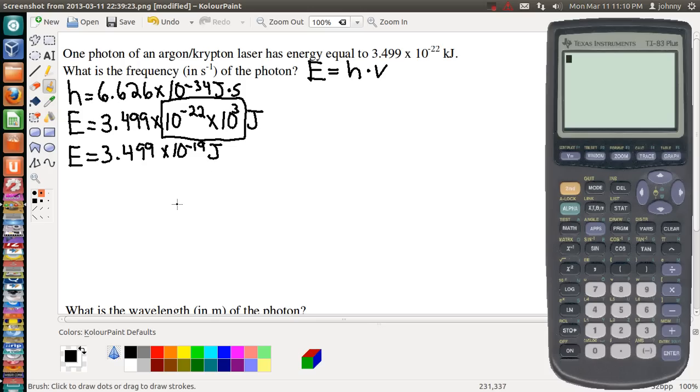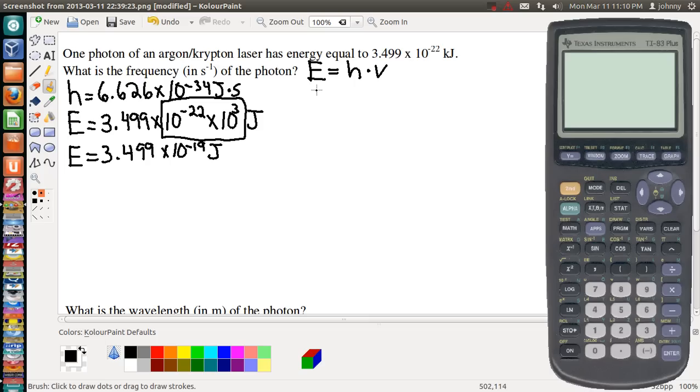So we have successfully converted our energy from kilojoules into joules, making it usable for this problem. Now what we need to do is substitute in Planck's constant into h and the value of E in for E, because that's for a single photon.